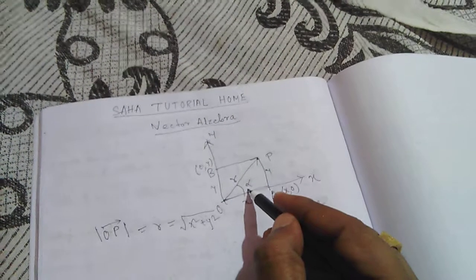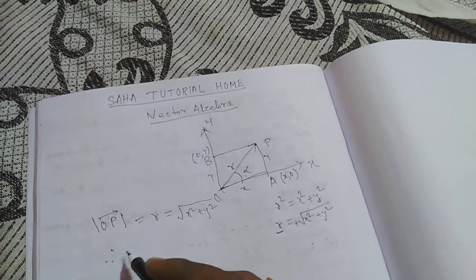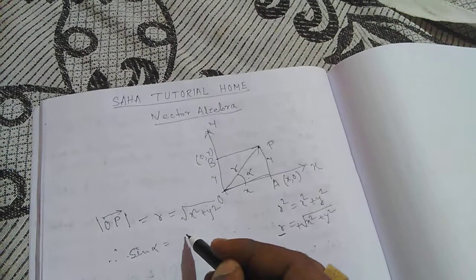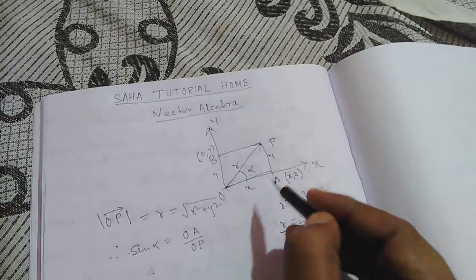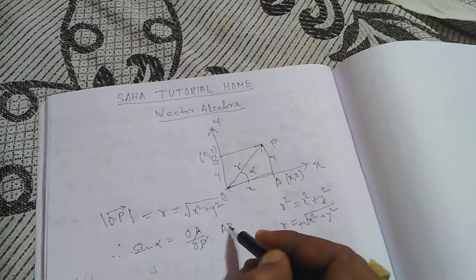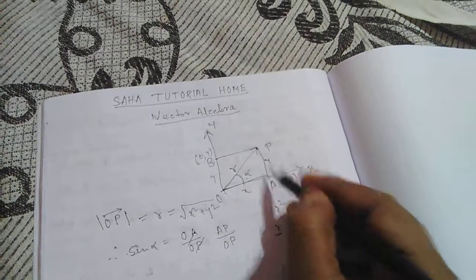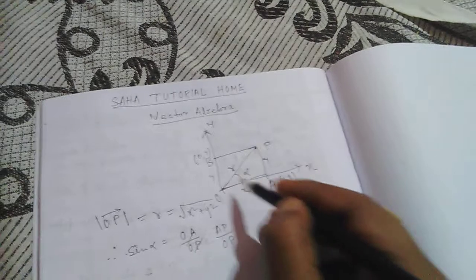And alpha can be calculated as we know that sine alpha will be OA by OP, means AP by OP. AP is perpendicular with respect to the angle alpha, and this is the hypotenuse.